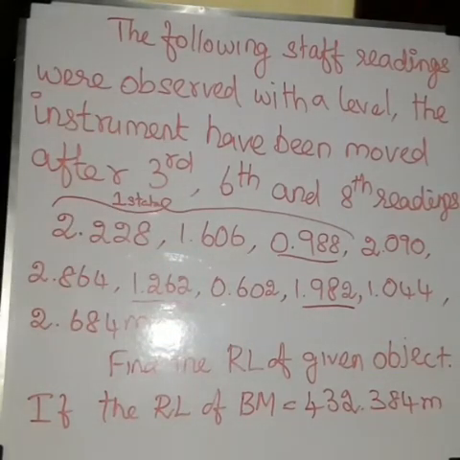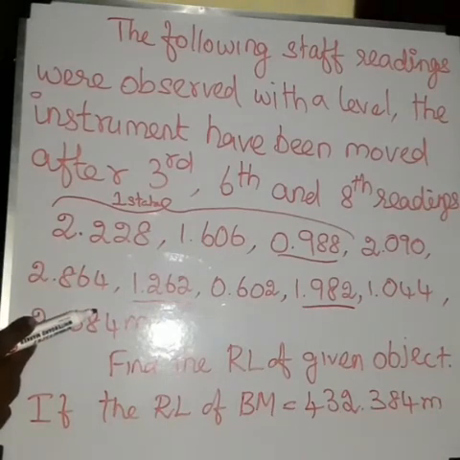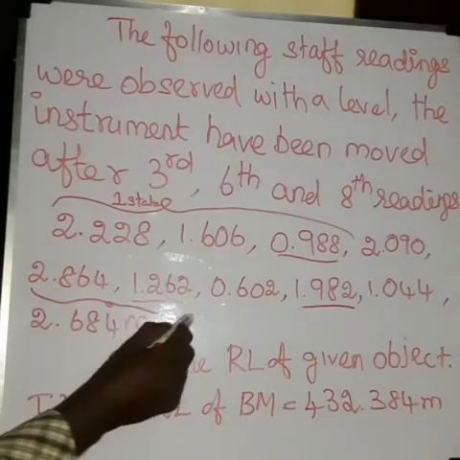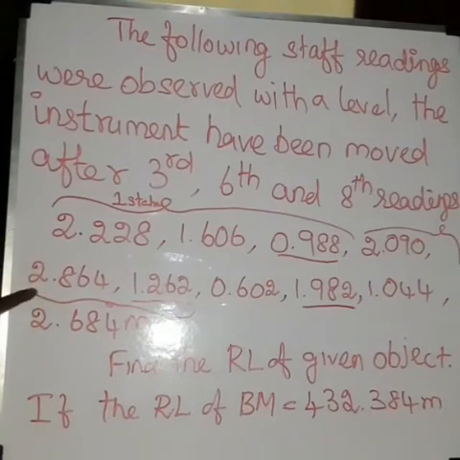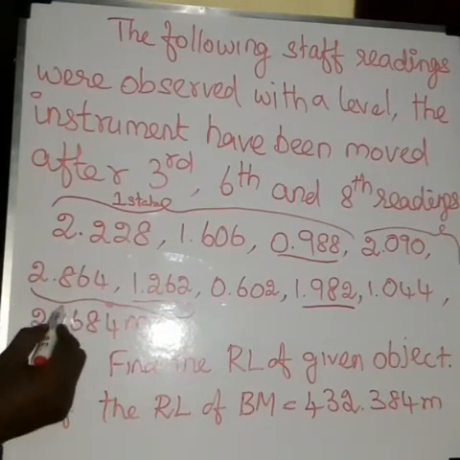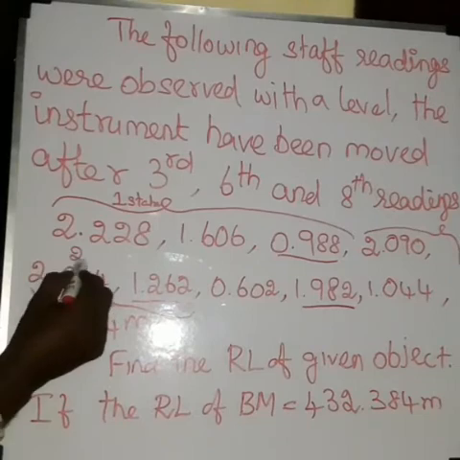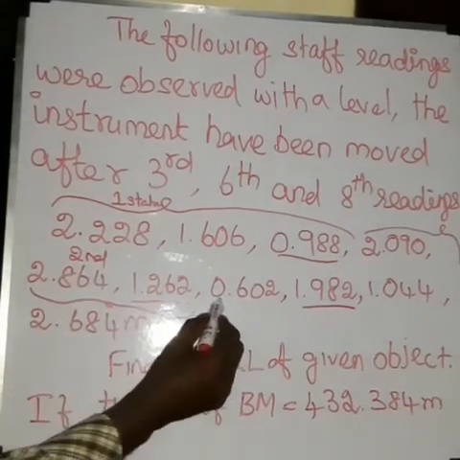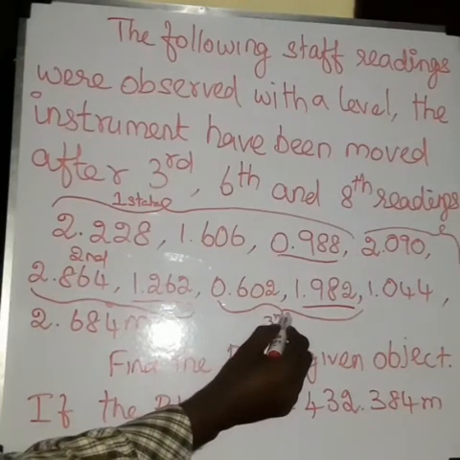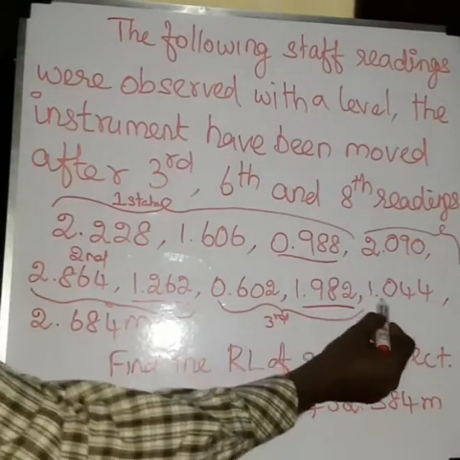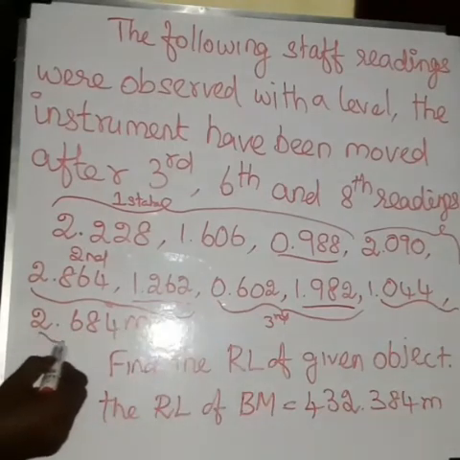Next, the remaining three readings, from 4 to 6, were observed from the second station. Next, two readings are taken from the third station. All the remaining readings are taken from the next station, the fourth.